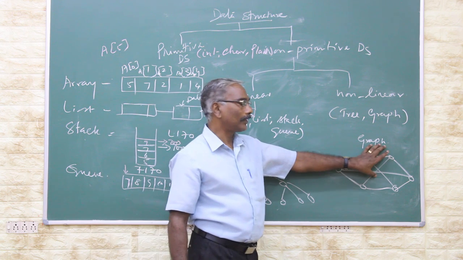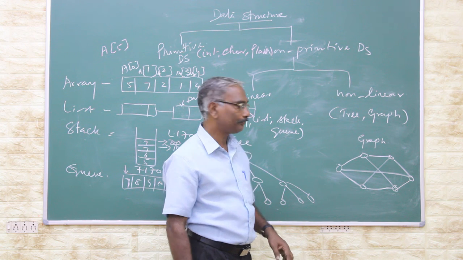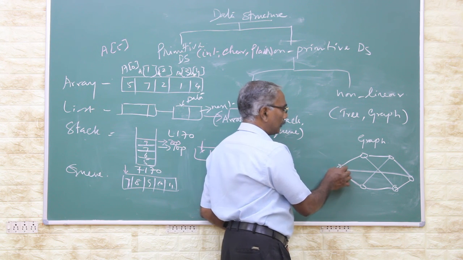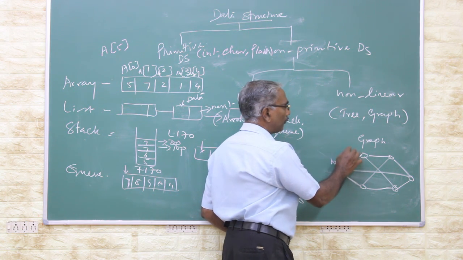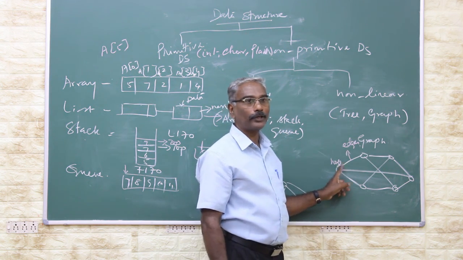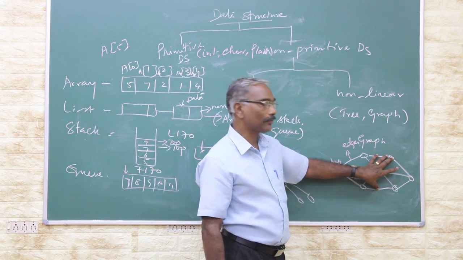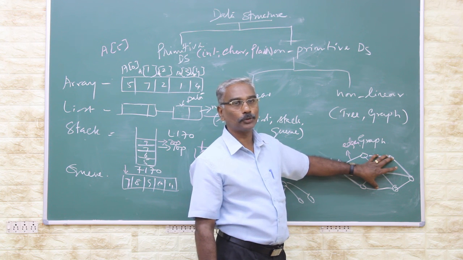The next one is the graph. The graph consists of nodes as well as edges. Here, this one we call a node and this one we call an edge. An edge relates two nodes. Here we have several terminologies related to it.